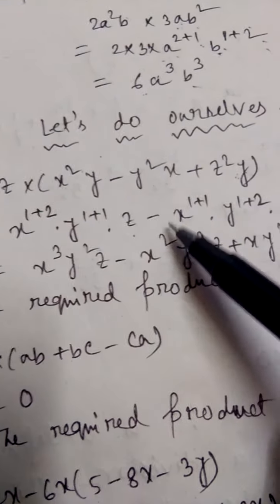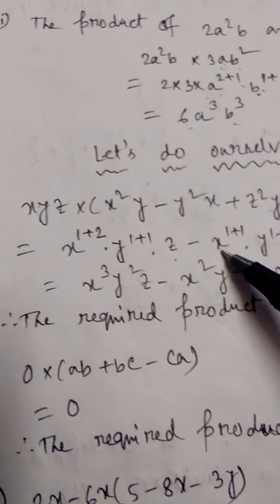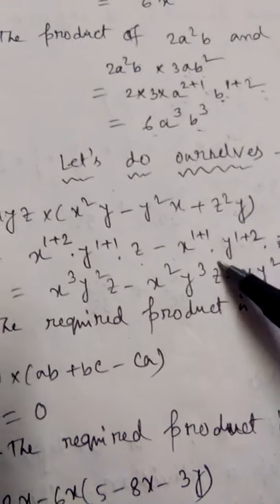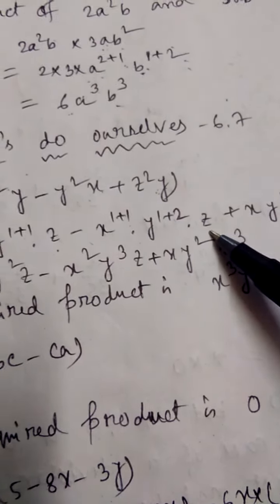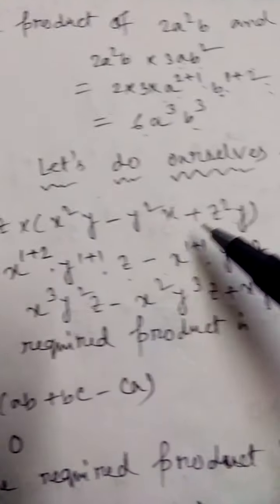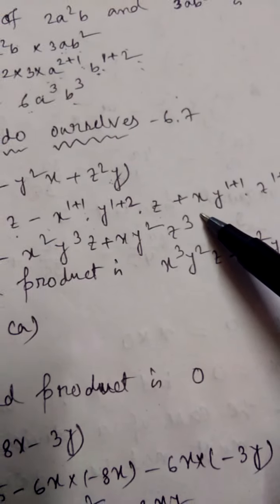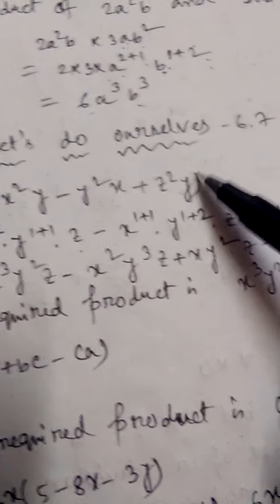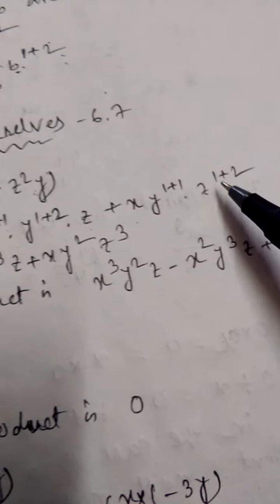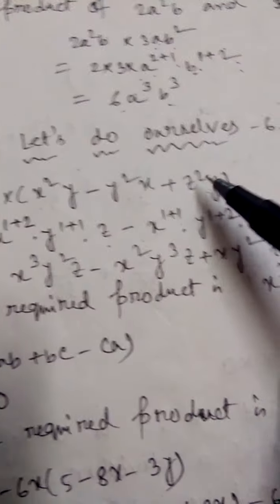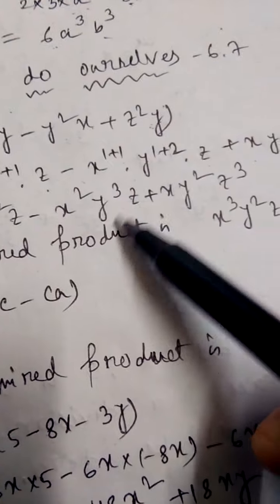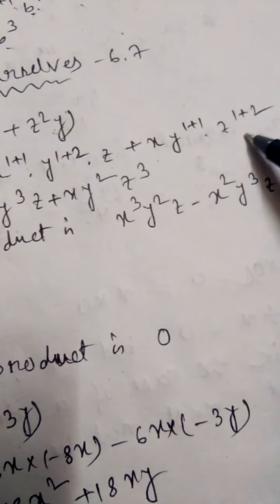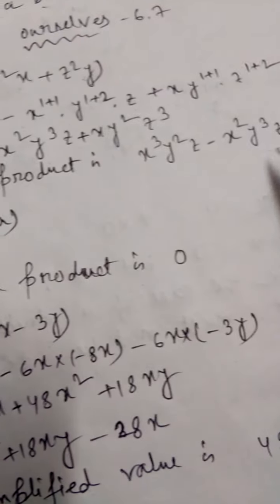Here minus xyz into y square x, that is x to the power 1 plus 1 into y to the power 1 plus 2 into z, plus xyz into z square y, that is x into y to the power 1 plus 1 and z to the power 1 plus 2. That is, the value is x cube y square z minus x square y cube z plus x y square z cube. Therefore, the required product is this.